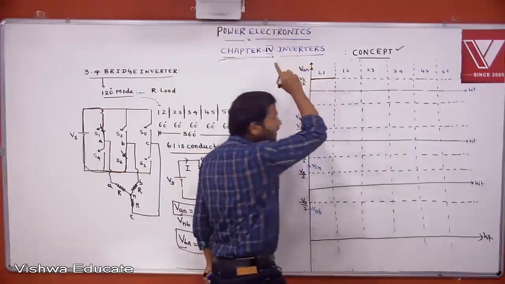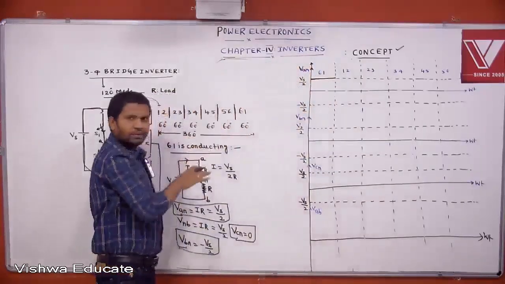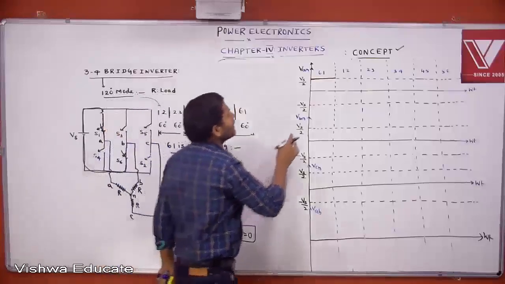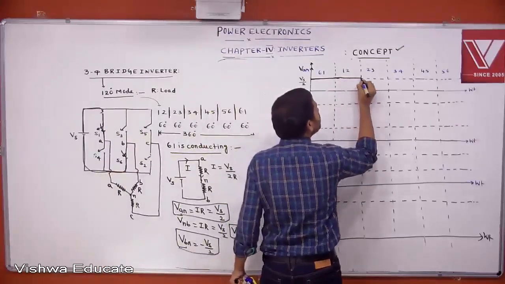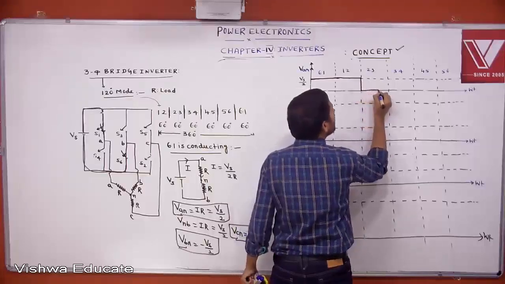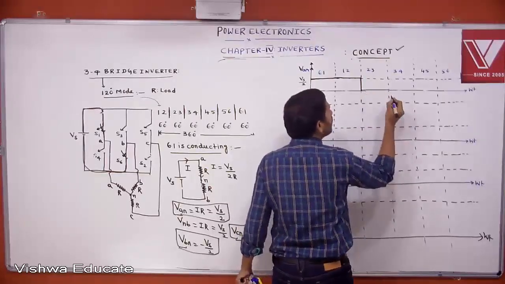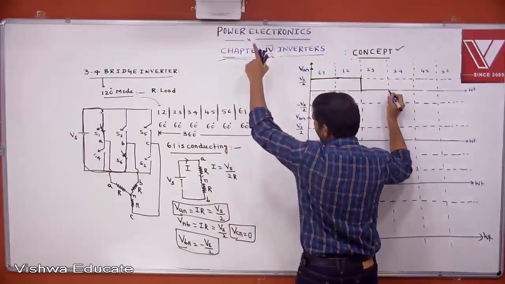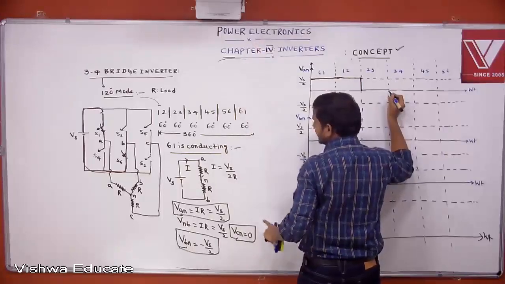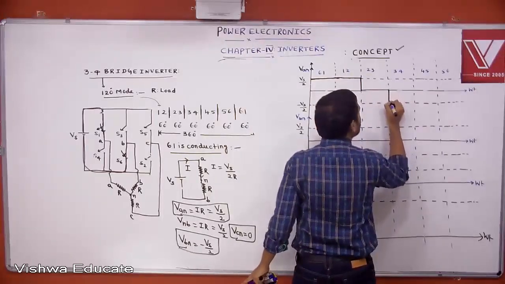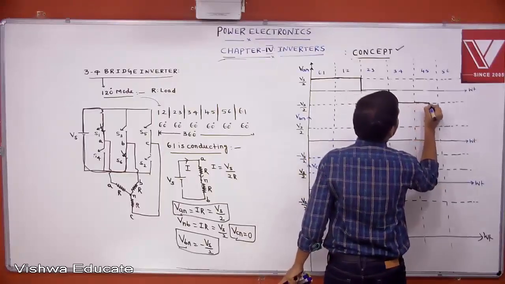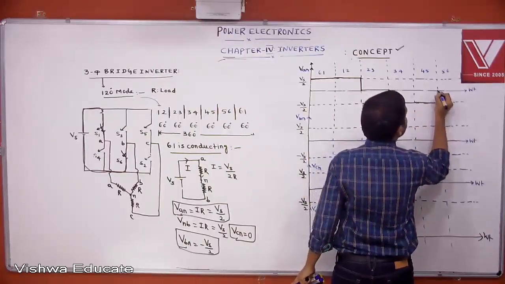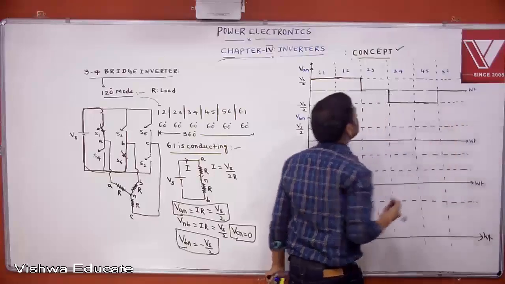I already listed that out. Plus Vs by 2. 2-3 is conducting: 0. All the phase voltages I already gave in the list, according to that I am drawing. 3-4 is conducting, plus Vs by 2. 4-5 is conducting, plus Vs by 2. 5-6 is conducting, 0.